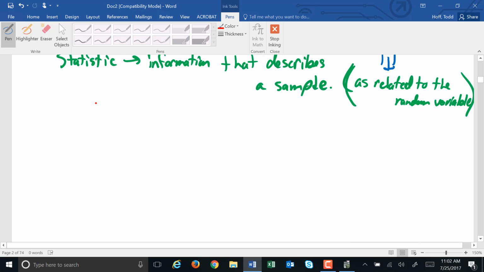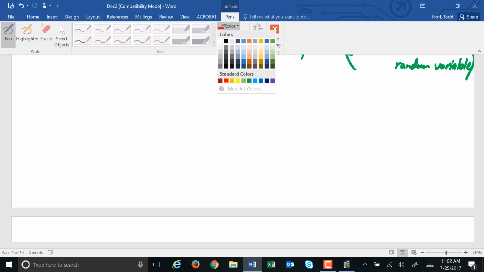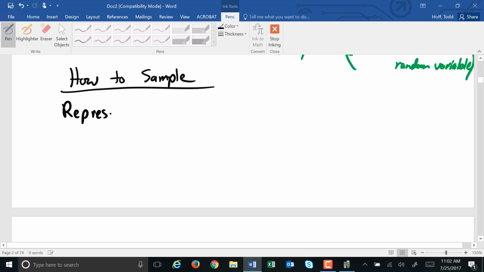So we've looked at why we take a sample. The next big question is how. And when it comes to sampling, there's something called a representative sample.